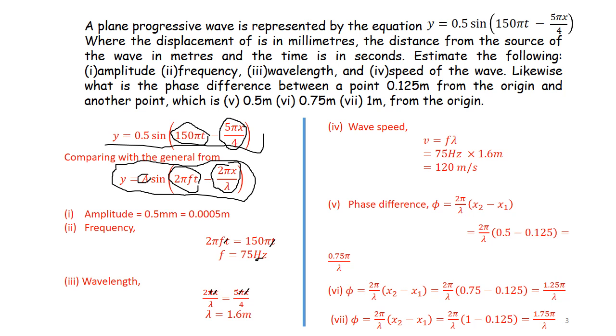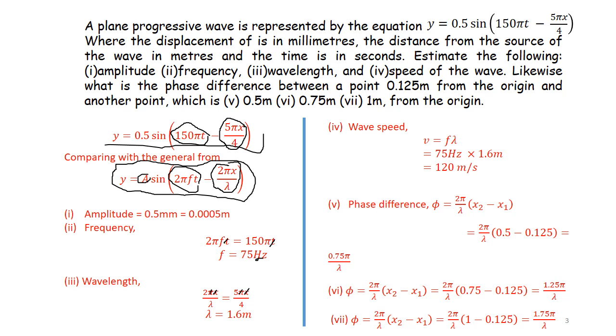So again, amplitude assumes the unit of displacement, but wavelength and wave speed assume the unit of the distance, and frequency and period are determined by the unit of time.